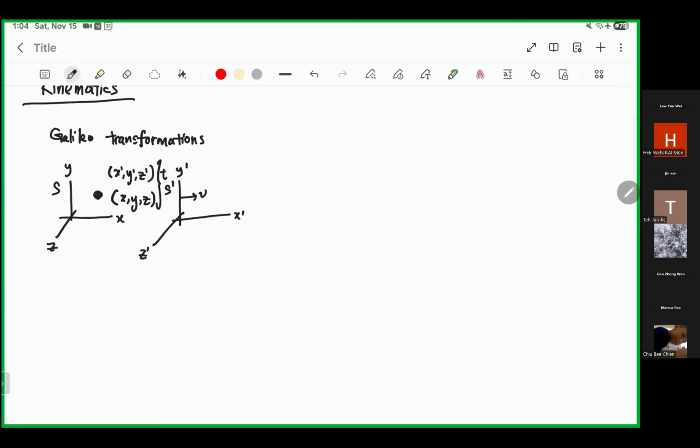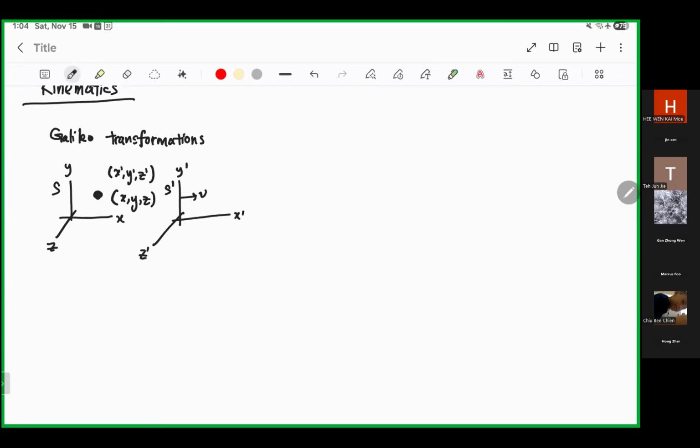We can write the relationship between these two coordinates because we basically know everything. When this frame moves, this is x, and this is x prime.